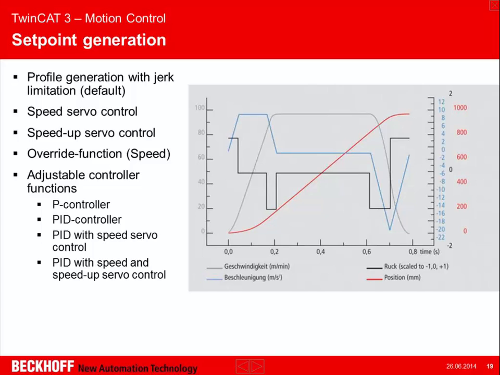And we have some implemented controllers, so you can use the P controller, the PID controller, with special settings, and you do not have to implement the controller, so the controllers are implemented. The only thing you have to do is to set the parameters, to determine the parameters for the different controllers.